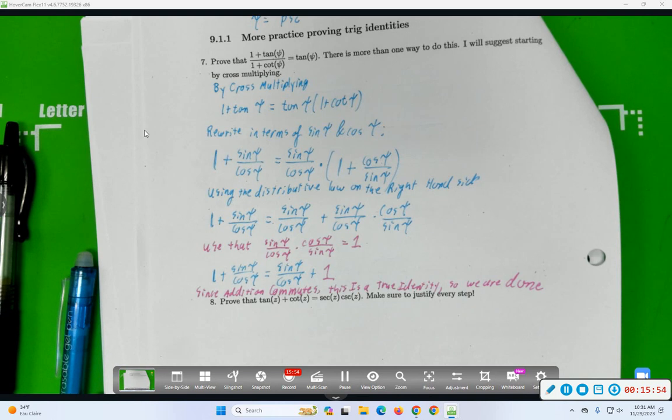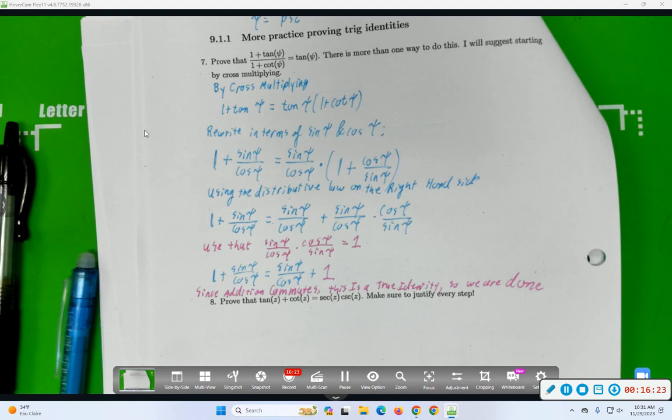What does this become when you get that common denominator? Say that again? I think it'll be sine squared on top, because I want the denominator to be sine times cosine. So the top will be sine squared. Yeah, it's not good.